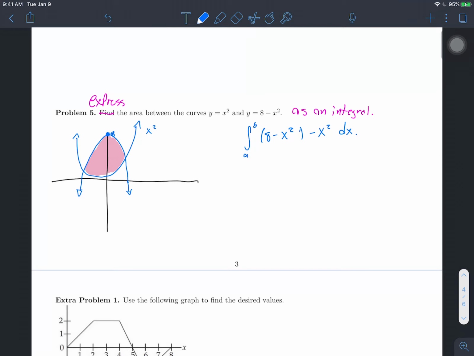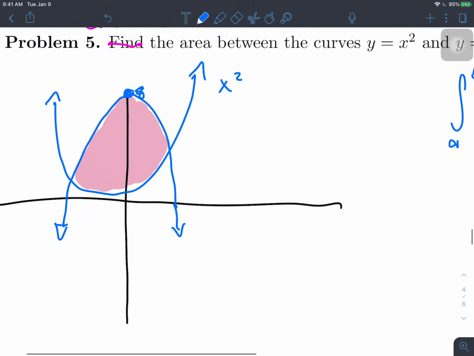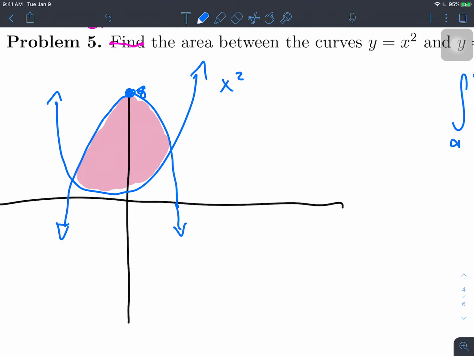The lingering question is, what are a and b? We're supposed to express this as an integral. We need to know what the limits of integration should be. How could I find out what the limits of integration are? Where should I start and stop recording area? If I'm moving from left to right on the x-axis, where should I start and stop, Yasmin?